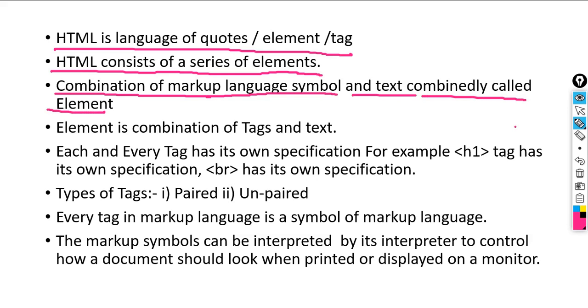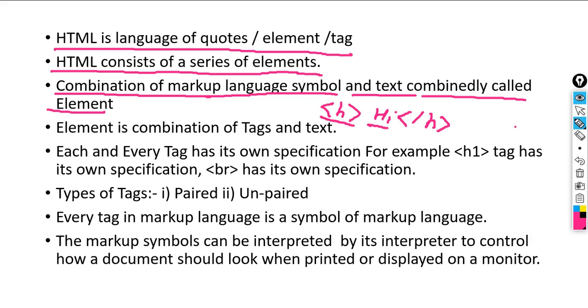So previously I had given one example, hi. This is plain text, correct? But I had given one more example like say hi, with an opening heading tag and a closing heading tag. So this is a combination of markup language symbol and plain text.